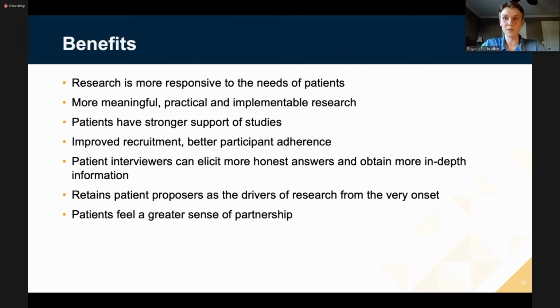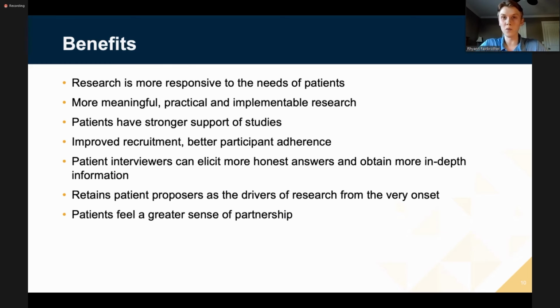Starting off with some of the benefits, what's been apparent is that the research has been more responsive to the needs of patients, which has also led to more meaningful, practical, and implementable research. Because of the patient-initiated component and the patients being involved right from the onset, patients tend to have a stronger support of these studies. Having patients as researchers on the research team has also led to improved recruitment, as well as better participant adherence to these research studies.